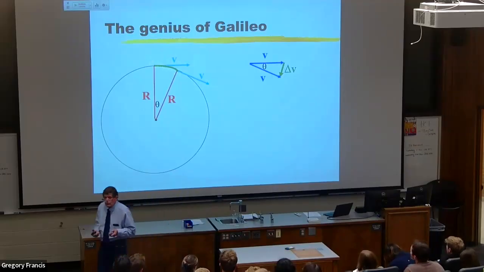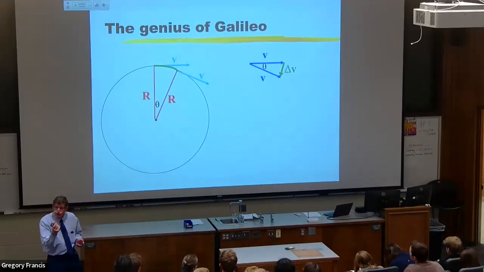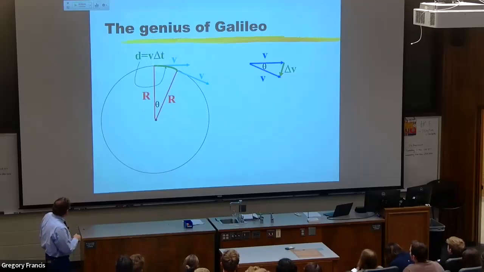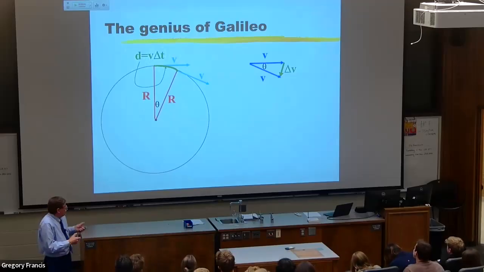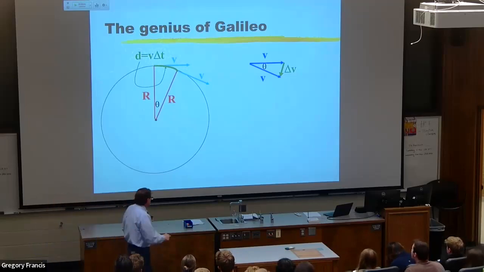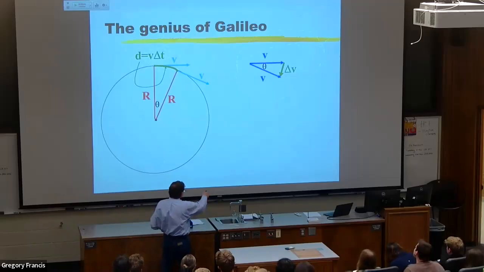That's just how far you traveled in a little bit of time after noon from here to here. And that distance is how fast you're going times how much time elapsed. If you're going 50 miles an hour for 2 hours, you've gone 100 miles. It's that simple.